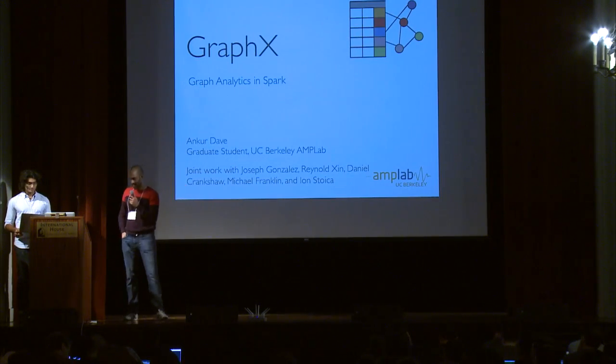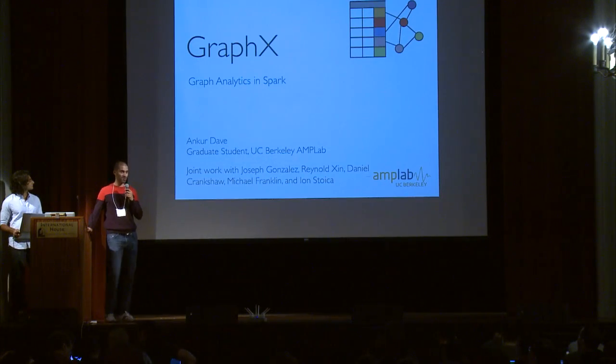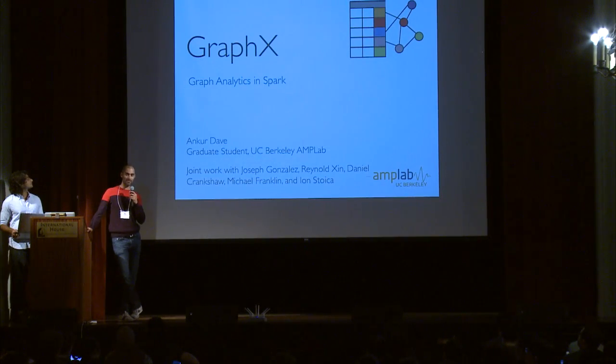Especially with the random forest, they have an implementation. There was another company, whose name I'm blanking on right now, who had their own implementation of random forests. We have our own implementation of decision trees. The goal is that the best one, whoever it might be, if people are willing to share, should go into MLlib. If this is a thriving community, we need good implementations that everybody can use.